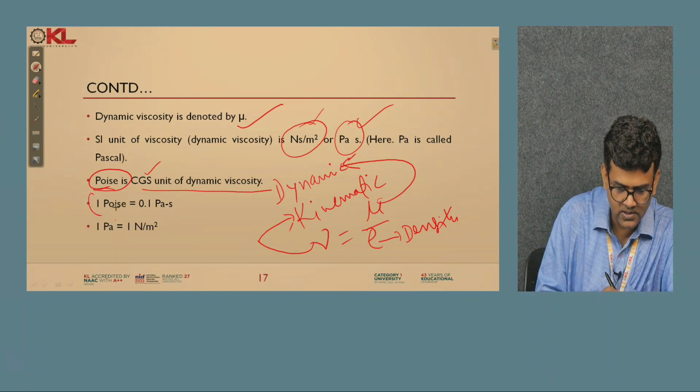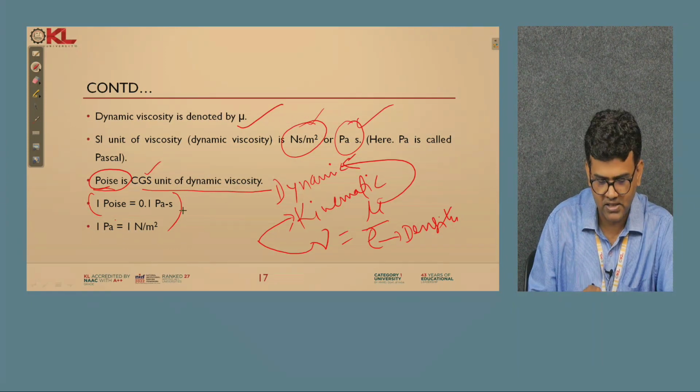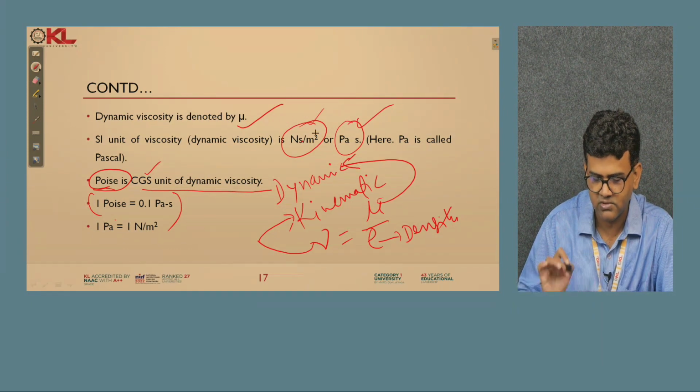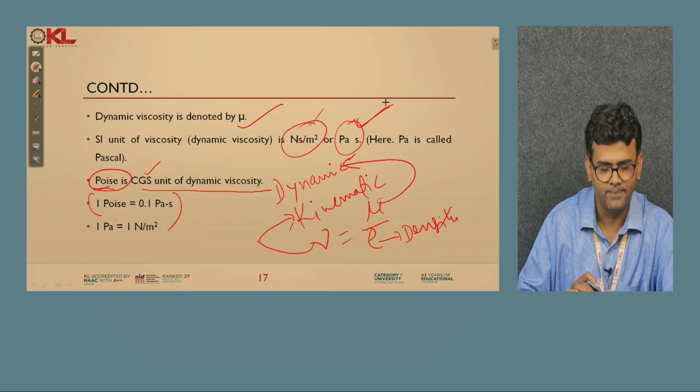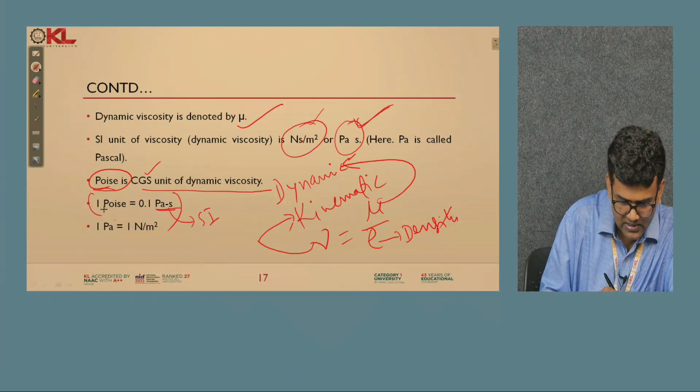What is the relationship between Poise and the SI unit? The SI unit is Newton second per meter square, also called the Pascal second. Pascal second is the SI unit, while Poise is the CGS unit.